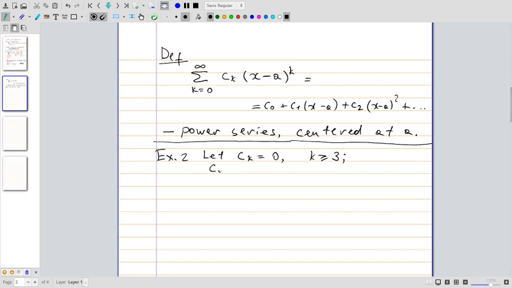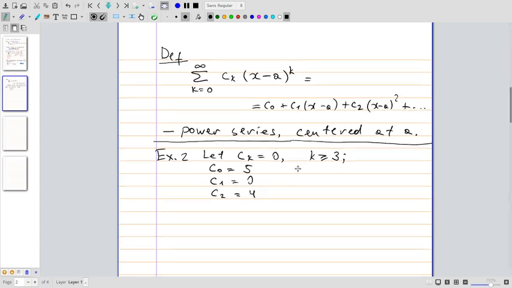Let's say c0 is 5, c1 is 0, and c2 is, let's say, 4.